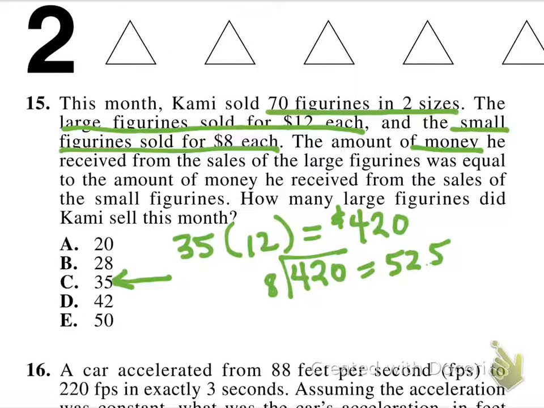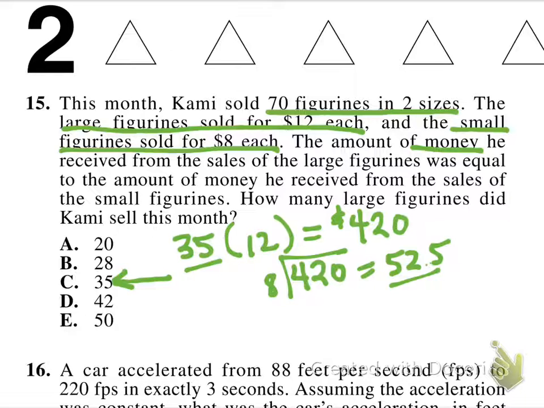I can't sell half of one. 52.5 small figurines. Now you can see between the two of those that does not add up to 70. So that was clearly not going to work, and it gave me way too many figurines.